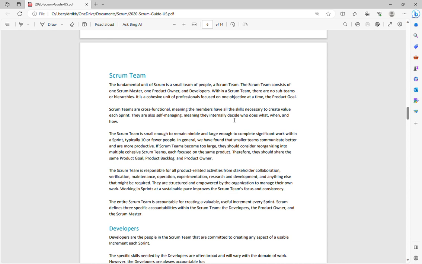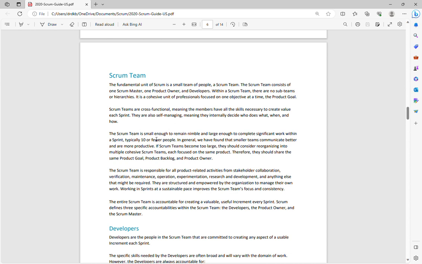And this team is generally self-organizing and self-managing, and they are empowered to make decisions collectively. So when it comes to self-management, the team would collectively decide on how to distribute the work and ensure that each team member is contributing to the work.